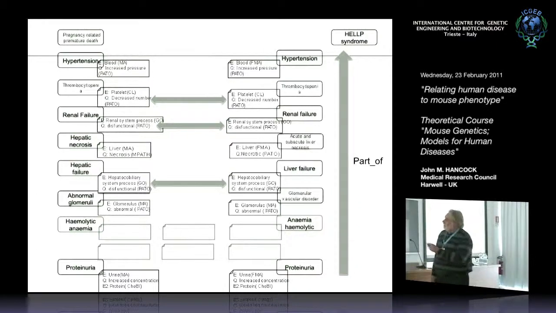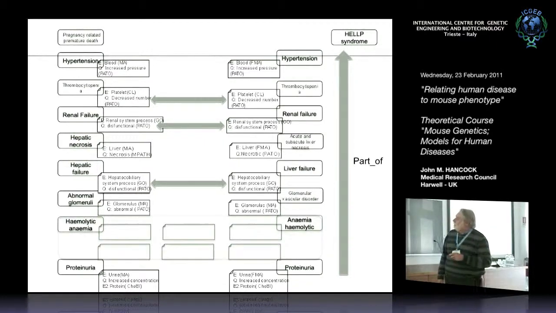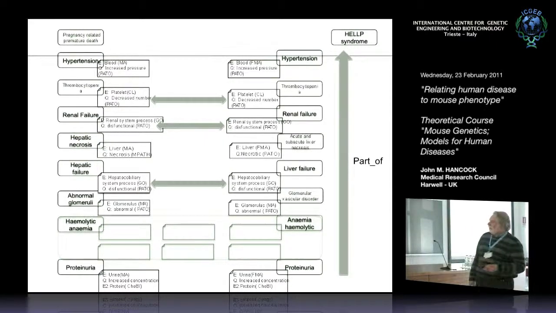So this is an attempt to pick out the phenotypes of HELLP syndrome in both species. I'm sorry, this is quite a messy and complicated slide, but I'll just try and point out the main points. Basically, all of these terms are part of HELLP syndrome, which is the human disease, on the right-hand side.